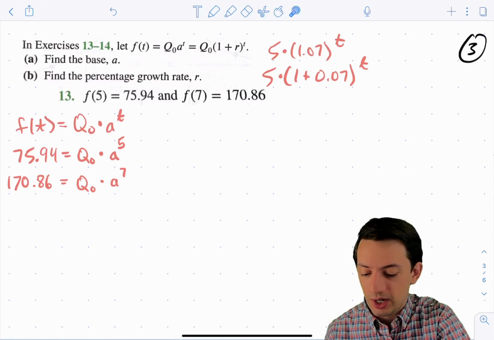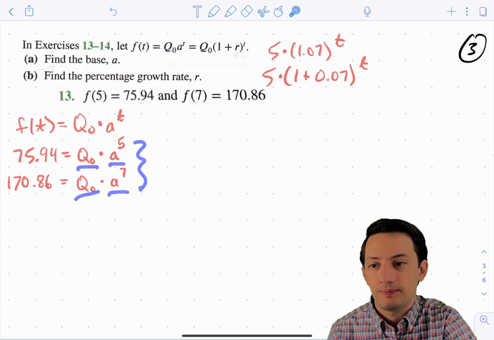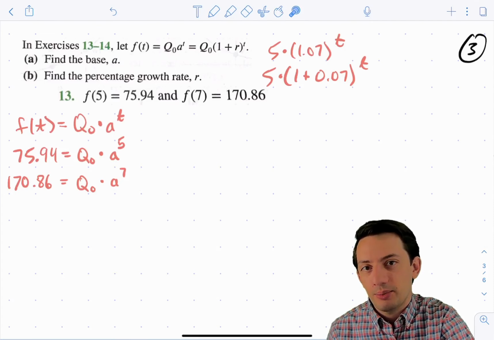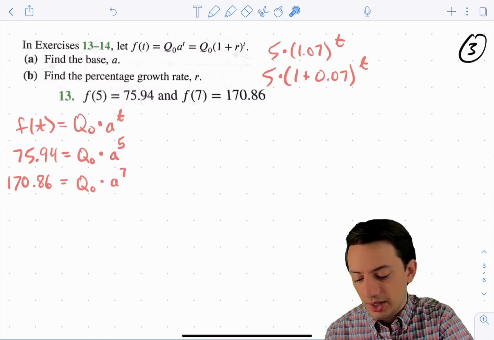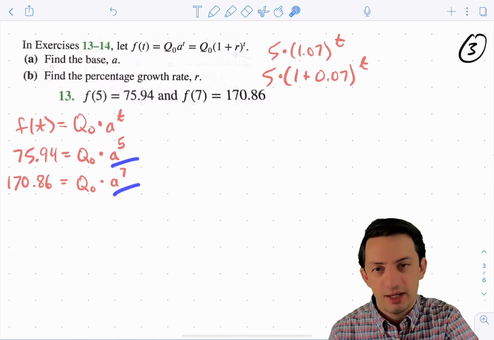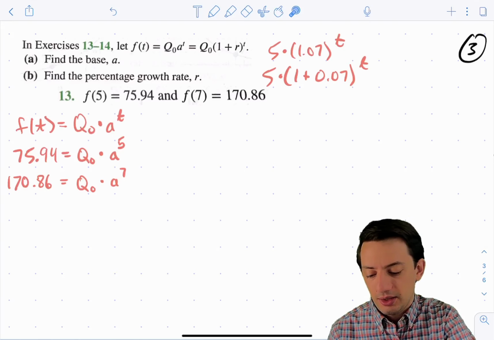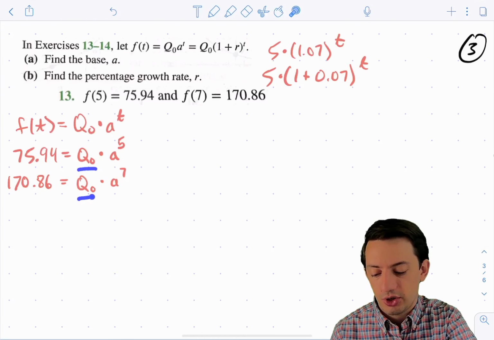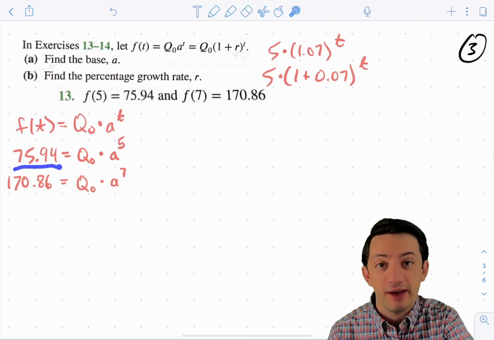So here we've got 2 equations, and they have 2 unknowns. They both have a q0, and they both have an a. Well, here is the part that might be a little tricky at first. You want to solve for one of these. They both have a q0. This has 5 a's. This has 7 a's. So if you think about what exponential growth means, the q0 is just the starting point. What this says is that after 5 hours, 5 days, 5 years, I have this much.